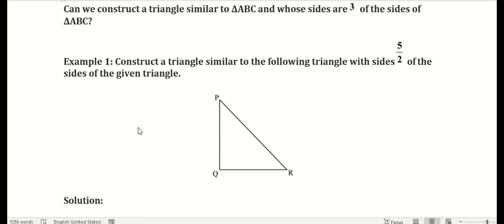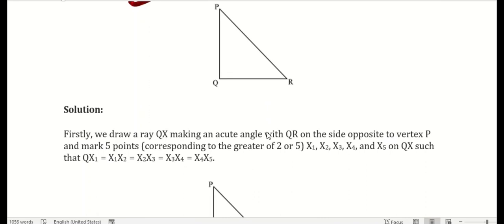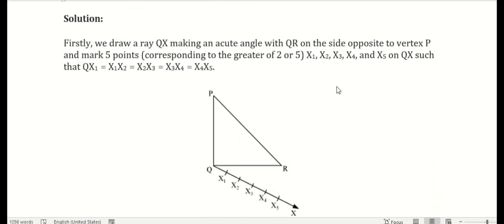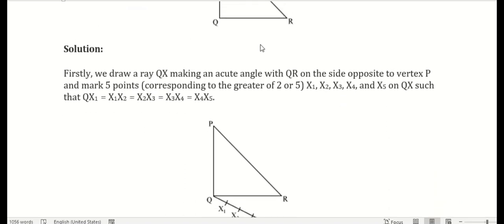Construct a triangle similar to the following triangle with sides 5 by 2 of the sides of the given triangle. Right? So how can we draw? Firstly, my dear learners, we draw a QX, making an acute angle with QR. You see here. Triangle will be, sides are given.